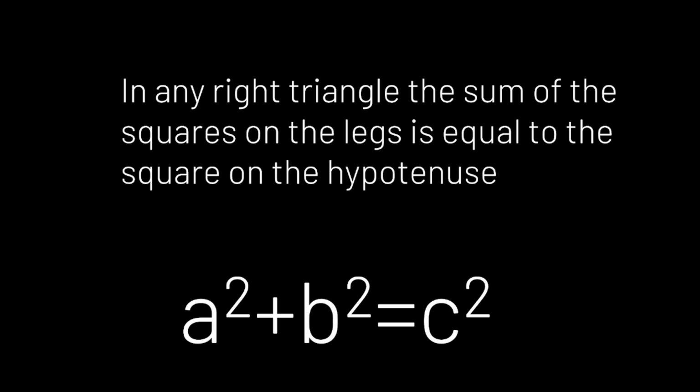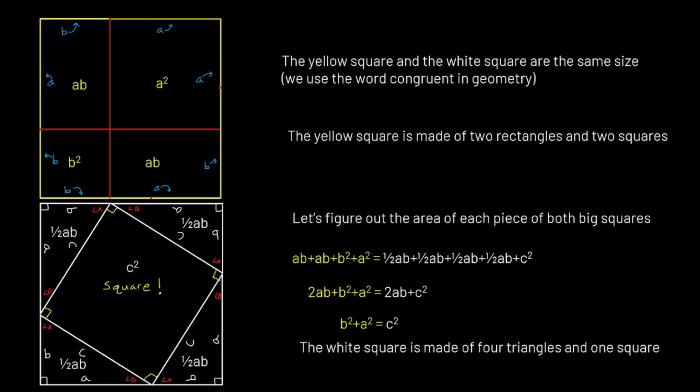Well, let's go back a second and look at our yellow square and look at our white square. So C squared is a square that has been built out of the side of the white triangle that is length C. So it is the square on side C of a triangle.